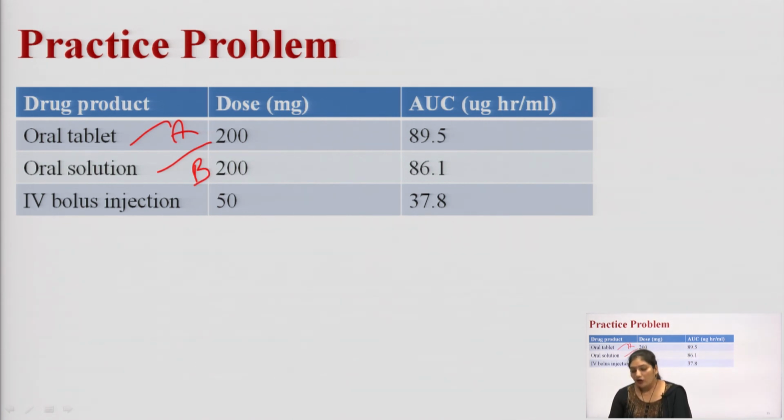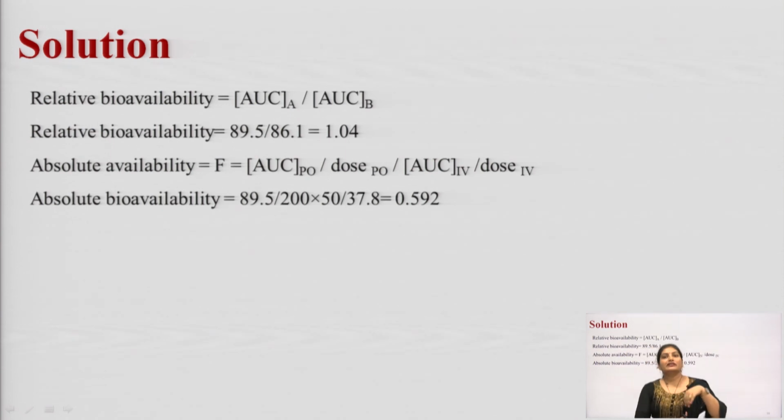So, how will we calculate the relative bioavailability? Relative bioavailability will be equal to the area under curve of A dosage form, that is the area under curve in case of oral tablet, divided by area under curve in case of oral solution. The values we have got in the table.